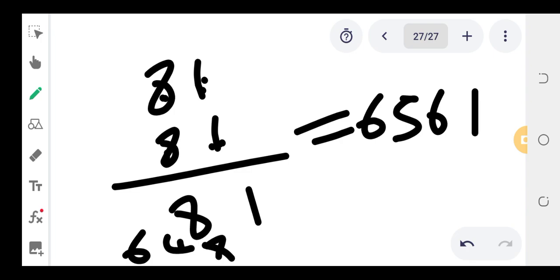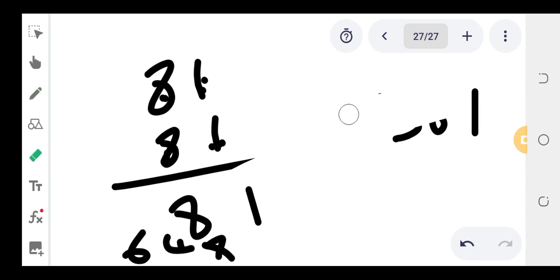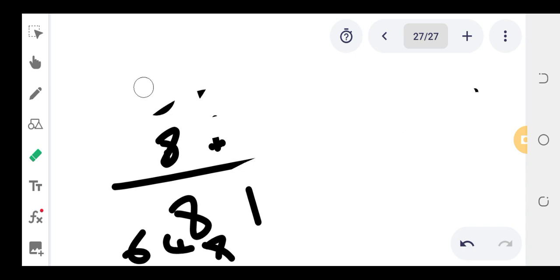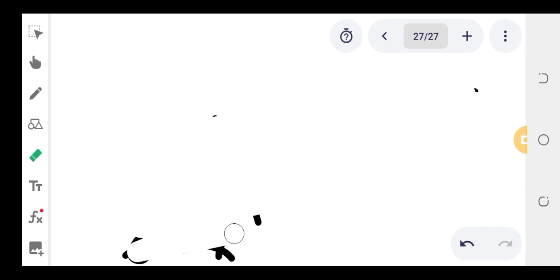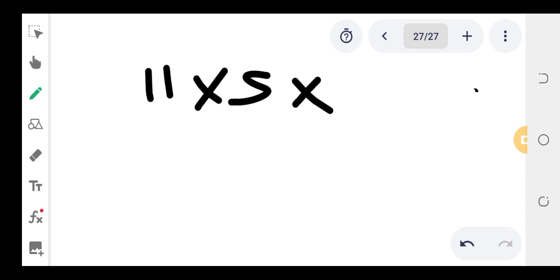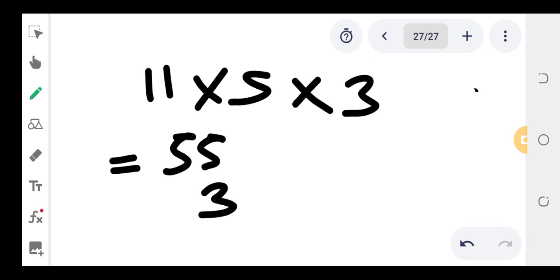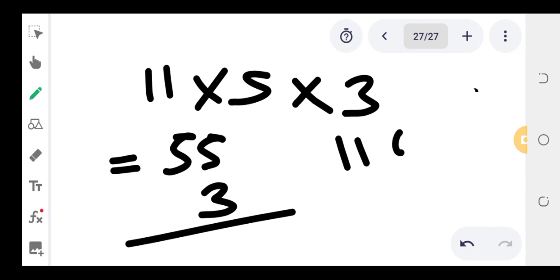Next, I want to do this. I've remained with 11 times 5 times 3. So in short, I've got 55 times 3. What is 55 times 3? I know that 55 times 2 is 110.